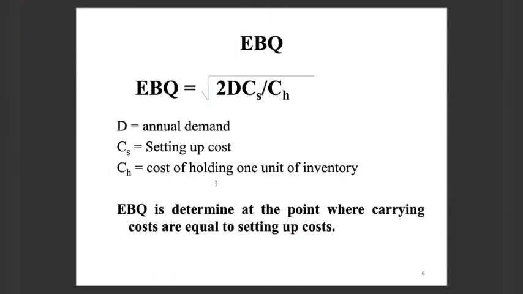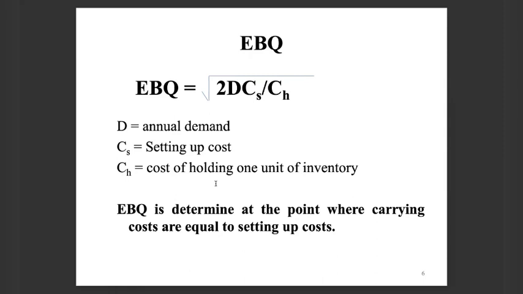Right. So this is the equation that we can use to calculate EBQ, economic batch quantity. Now refer to this, because previously we learned how to calculate EOQ with similar equations, but we are taking setting up costs, right? Just check.